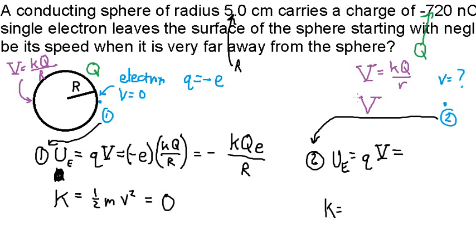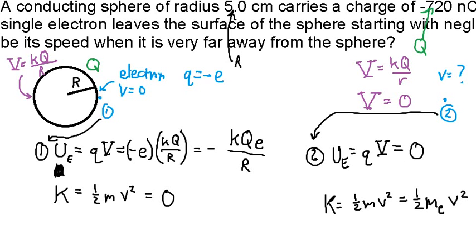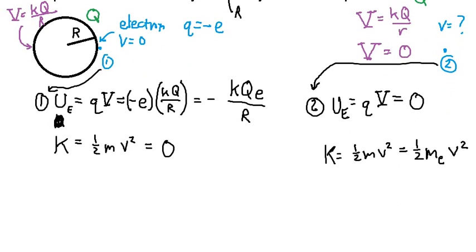The voltage out here, sorry, let me do this in purple, is kq over little r, where little r is the distance between the sphere and this point. And this is very far away, so little r is really big. And what happens when little r gets really big is the voltage is effectively zero. That's the convention we use for a point charge or spherical charge voltage field.